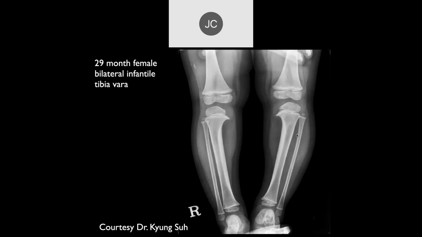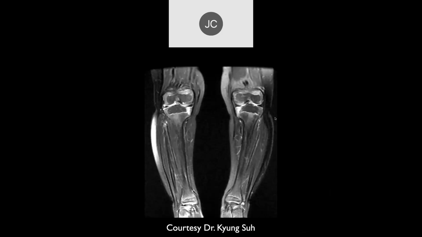All right, 29-month female, bilateral tibia vara. Oh, man. This is a boards case, I feel like. So there is some irregularity of the medial aspect of the metaphysis, bilaterally causing a varus deformity.